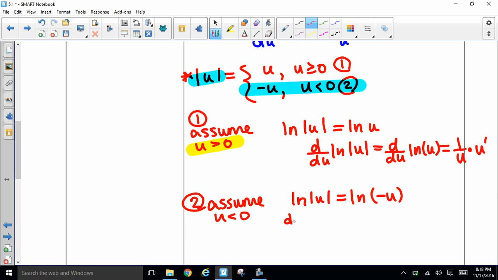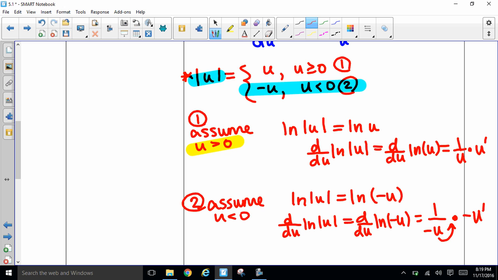And so d by du of natural log of absolute value of u is equal to d by du of natural log of negative u, which is equal to 1 over negative u times, with the chain rule, negative u prime. Then mathematically I have a double negative, so that's equal to 1 over u times u prime, which is the same thing I got when u was positive.